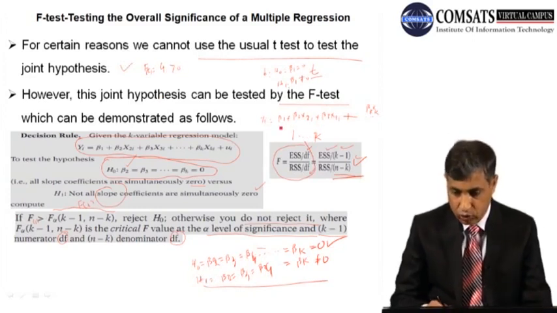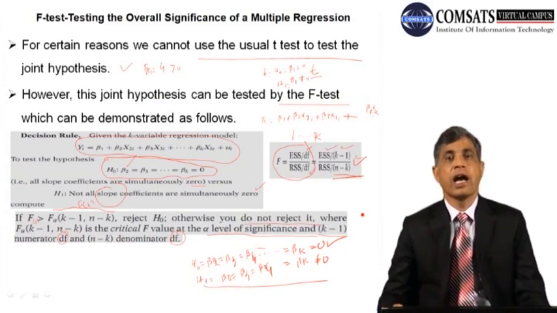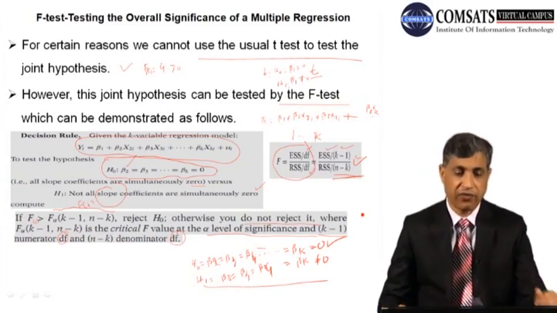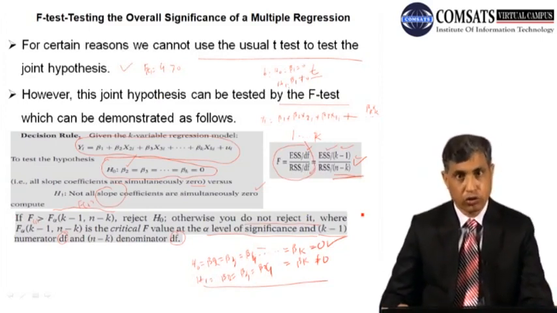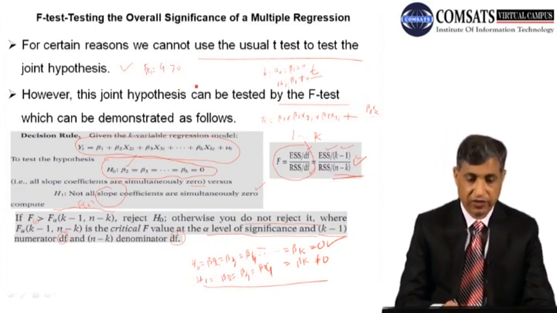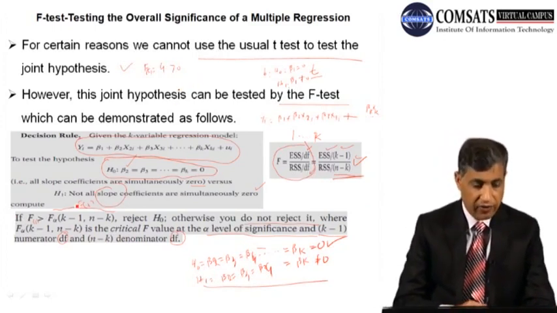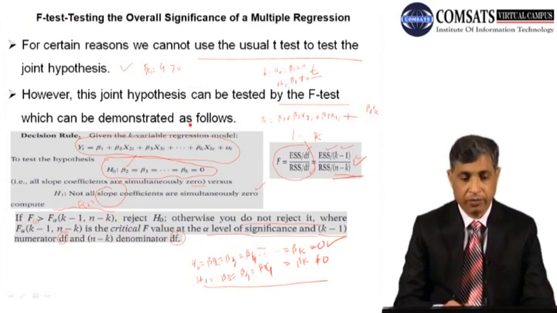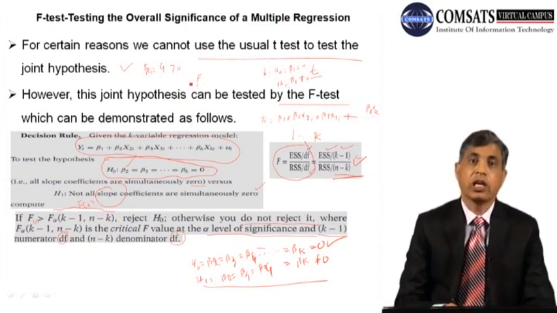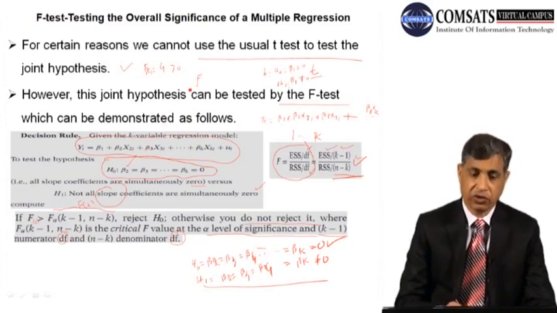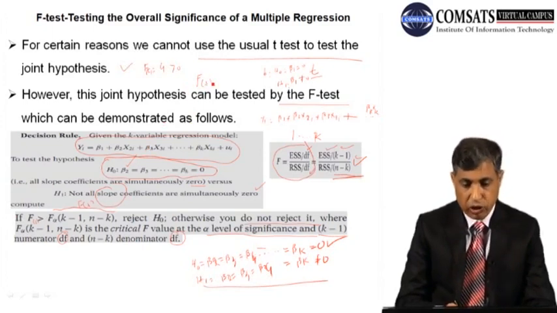I use this formula and find that FC, the calculated F, is equal to 4.70. At alpha and k minus 1 degrees of freedom, I went to the table and found that at some level of significance, the F tabulated value is 3.5.